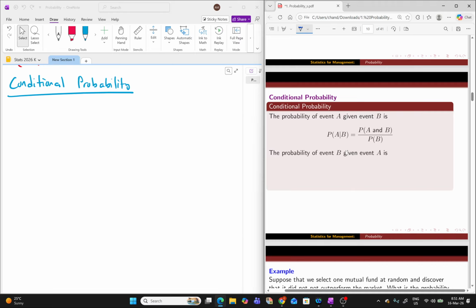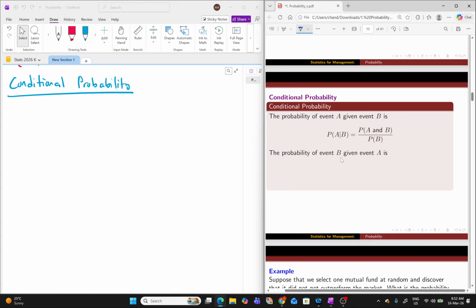For example, here you know the probability of B, and then you are finding the probability of A. The probability of event A given event B: you know the probability of B, you are finding the probability of A. So what is the formula? You write probability of A and B over probability of B.